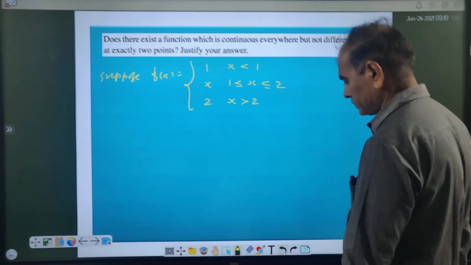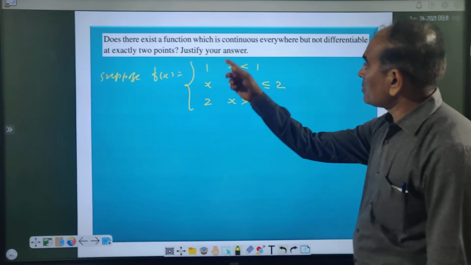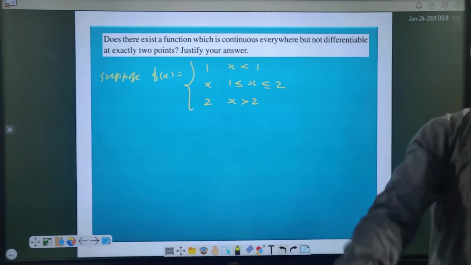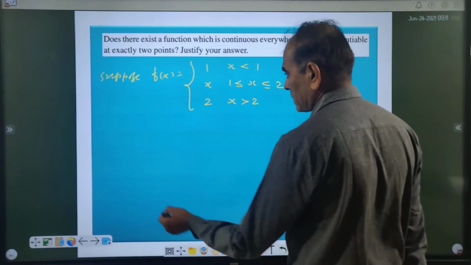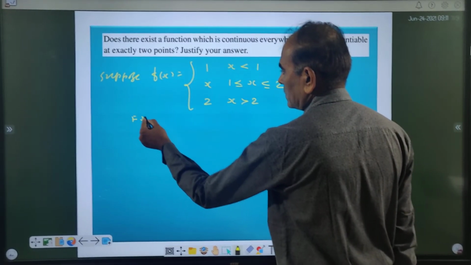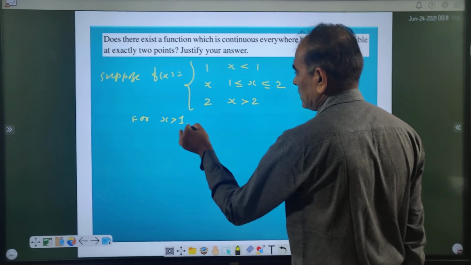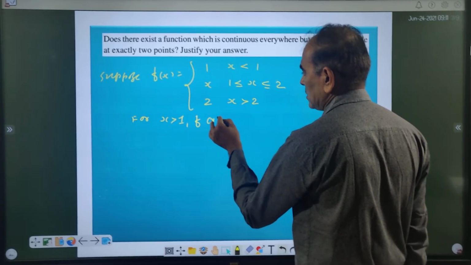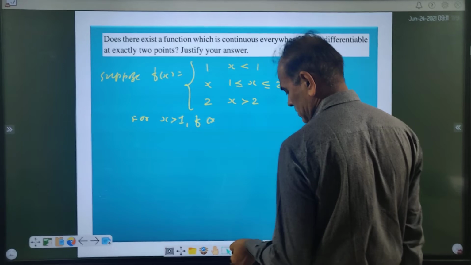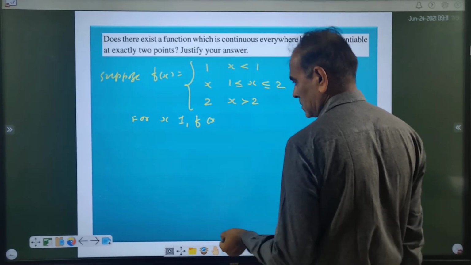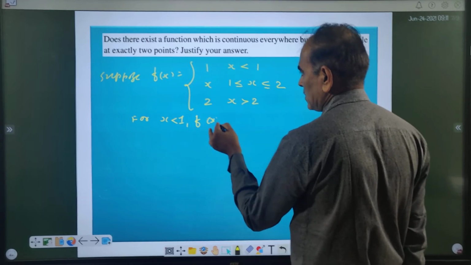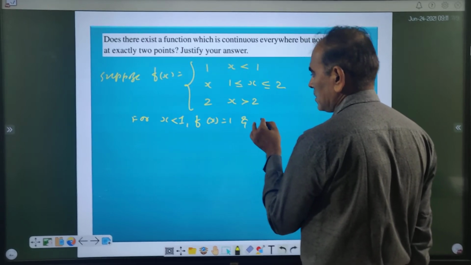Clear? Now see, the function is continuous everywhere. That means we need to prove that this function is continuous everywhere. See, for x less than 1, f(x) is equal to 1.